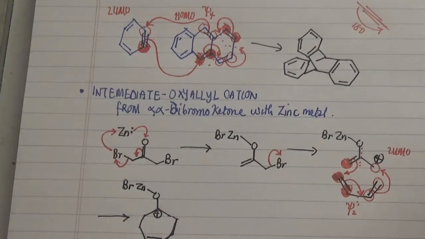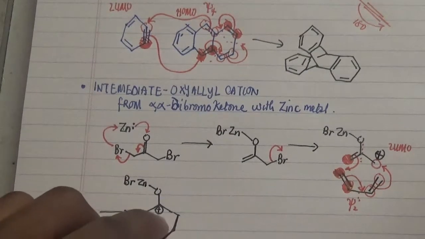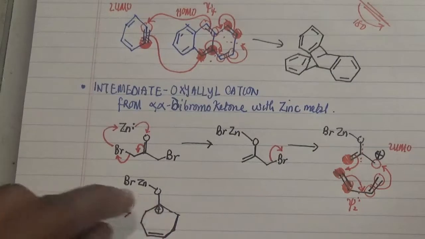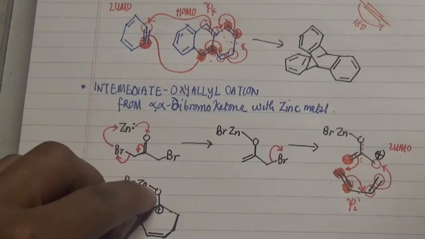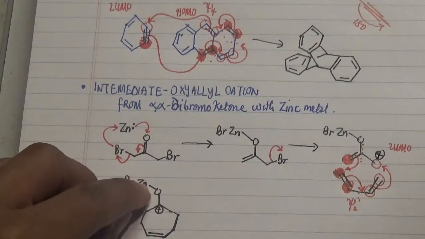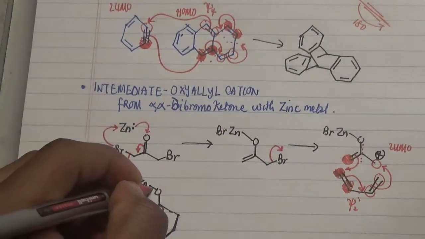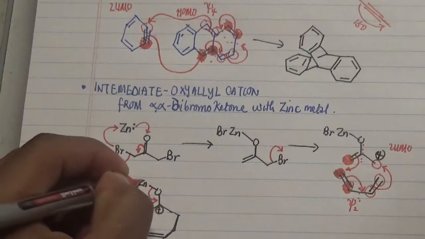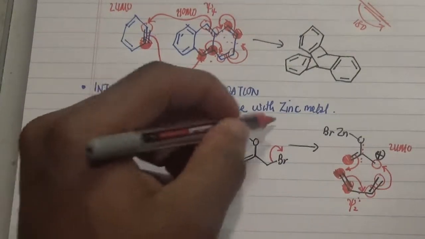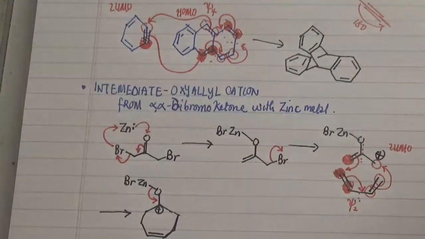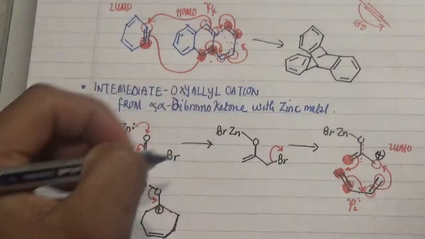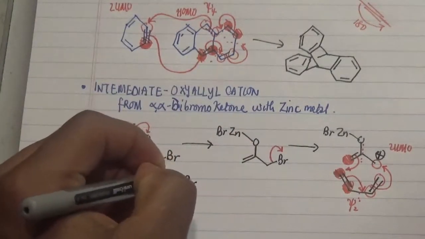Now what happens next is that for us to be able to stabilize this carbocation in this region, this bond between the oxygen and the zinc will have to cleave, and what we get is the reformation of our double bond, and this will be stabilized by the lost bromide ion, which is the negative charge over here.